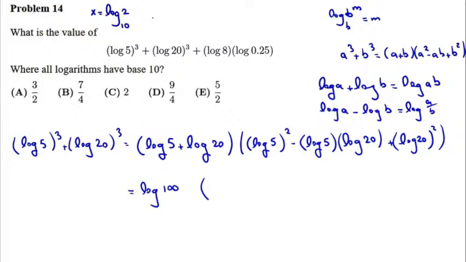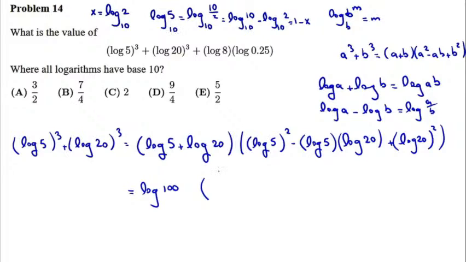Log 5 is log 10 of 10 over 2, which is log 10 minus log 2. Log 10 is 1, so it will be 1 minus x. So log 5 is 1 minus x, and log 2 is x.